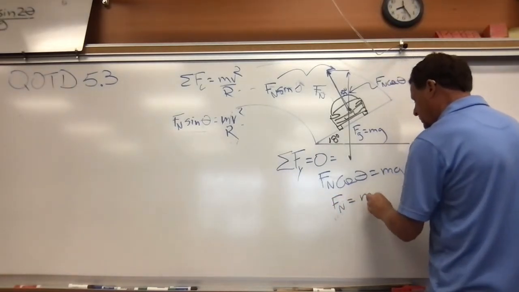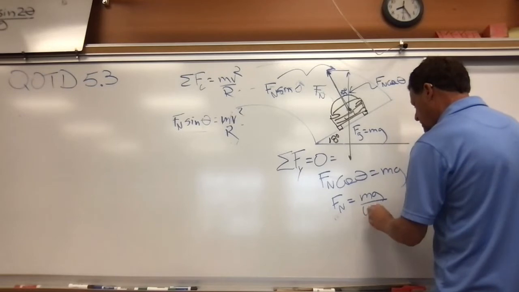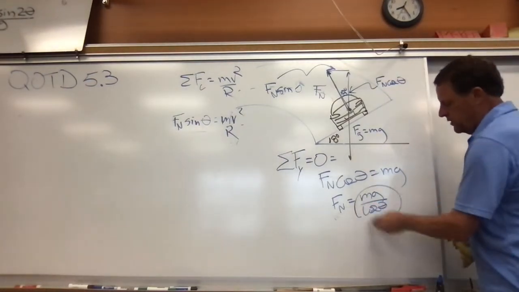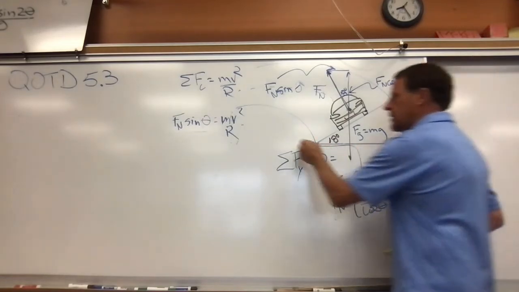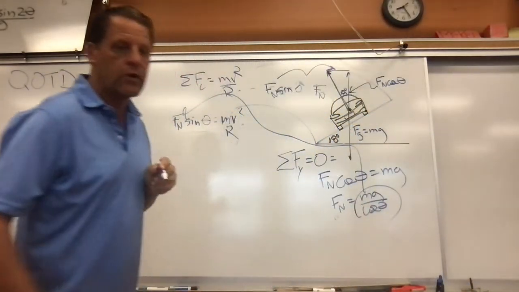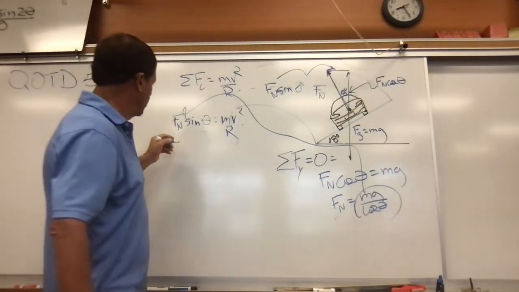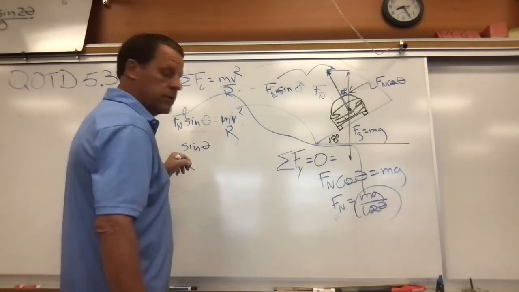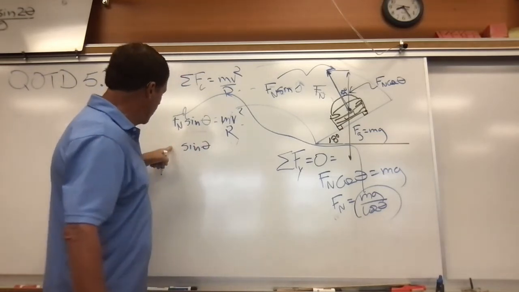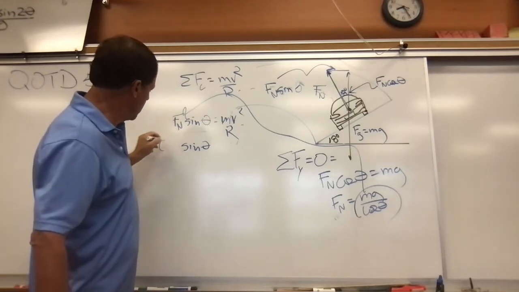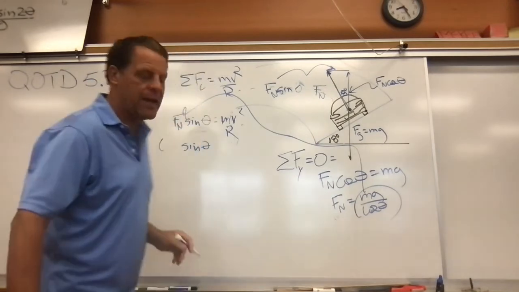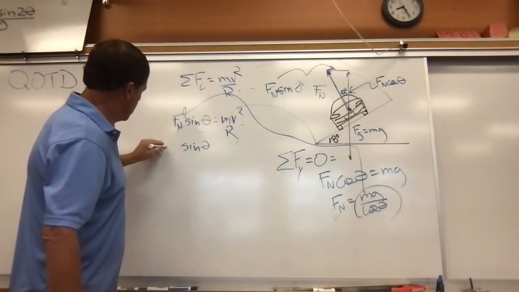So we can say force normal is equal to mg divided by cosine theta. And now we're going to take this and substitute it up here. So now we're going to say the sine of theta, but now we can substitute in this force normal, and we know this force normal is mg over cosine theta.